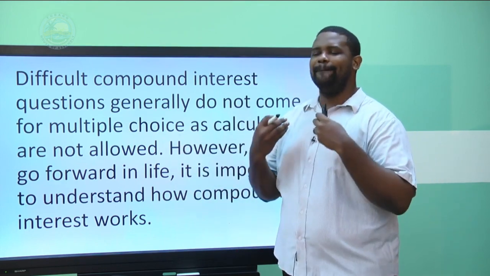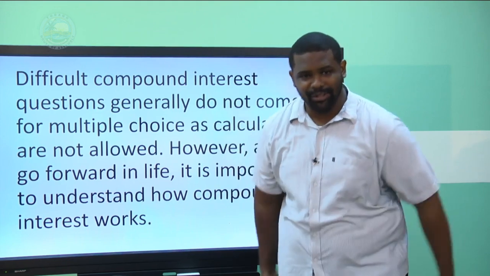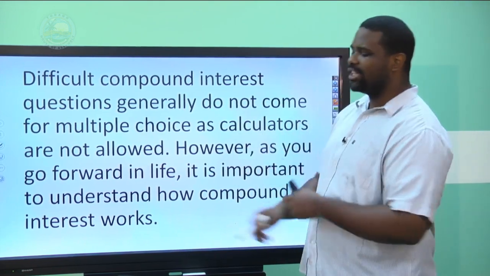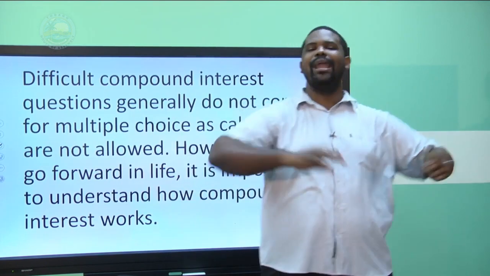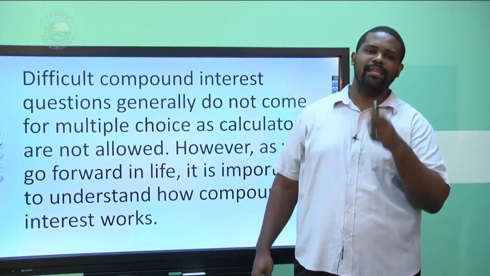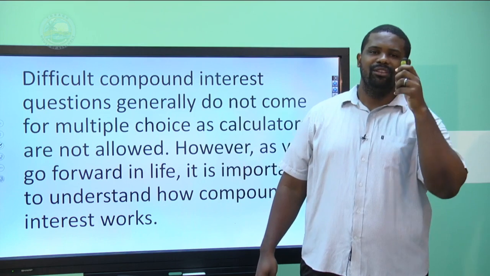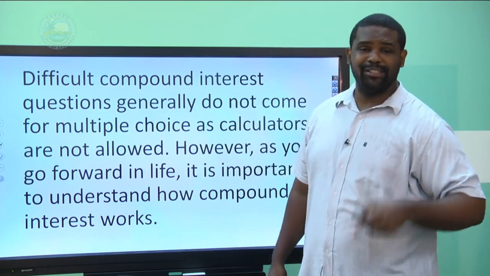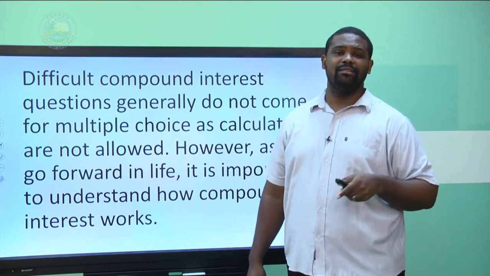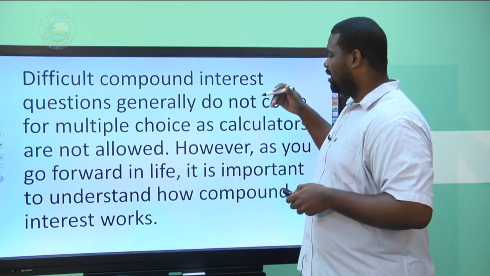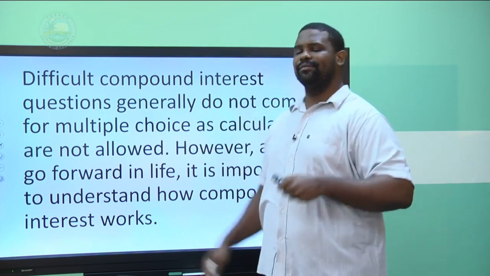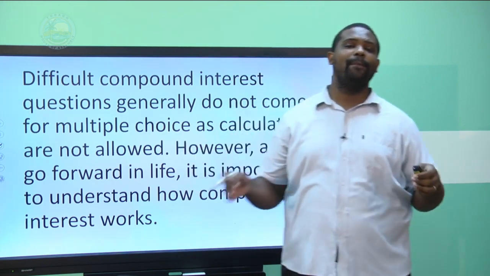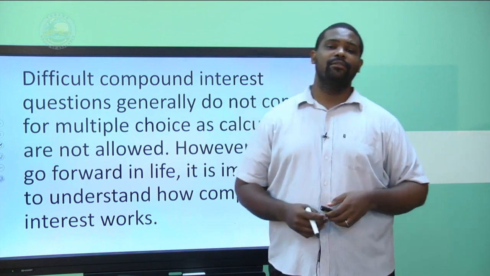Please, I am begging you, I am asking you, please, do not let the knowledge in math, English, science, whatever it is, just be for an examination. Your brain and your time, your effort, your energy is worth more than that. So, please, as you go forward in life, apply the knowledge that you would have learned now. You'll be amazed to see how it will come and apply further down in your life.